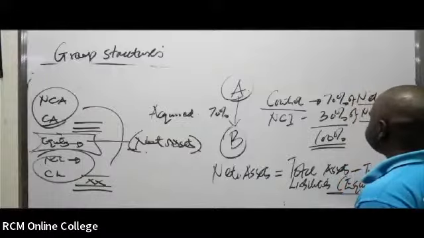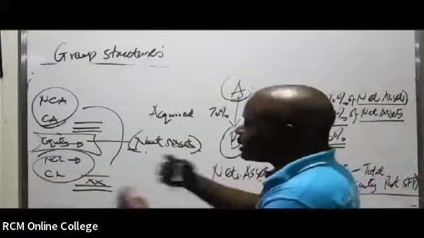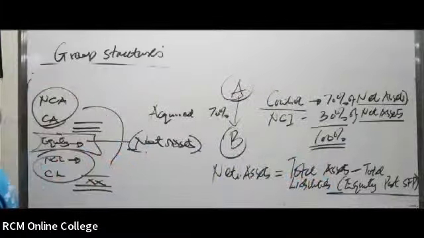The company controls 70% of the net assets, and the remaining net assets are in the hands of the NCI, the non-controlling interest. That's what we mean by that.